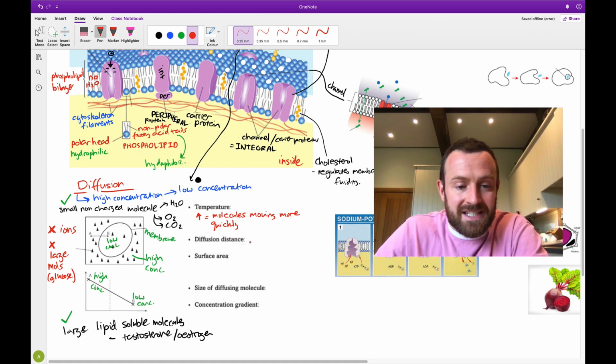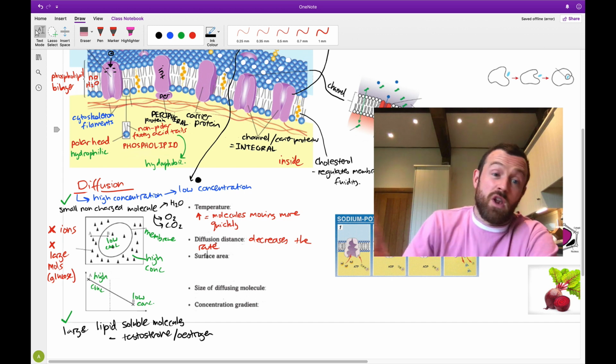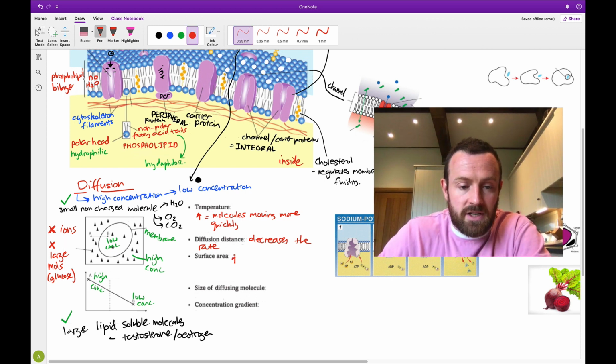Now, diffusion distance decreases the rate of diffusion, okay? Because if something has to move over a longer distance, it's going to take longer. Surface area is going to increase it. Higher surface area equals faster diffusion.